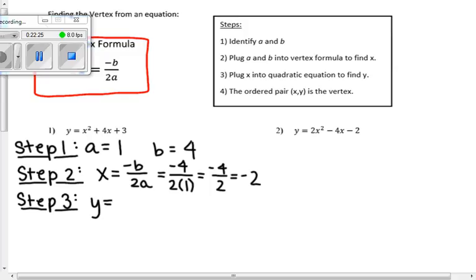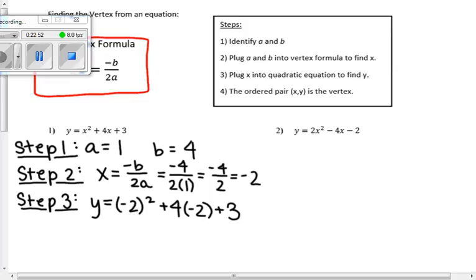My first term is x squared, so I would have, let's get back into black, negative 2 squared. Then I've got plus 4x, so plus 4 times negative 2. Then plus 3.